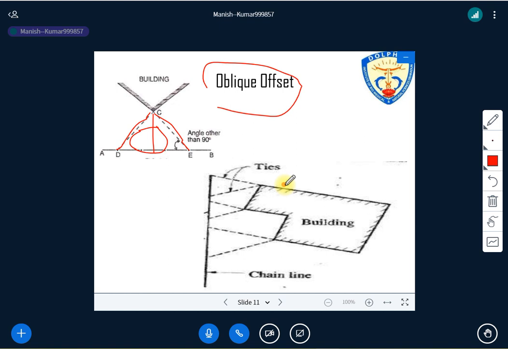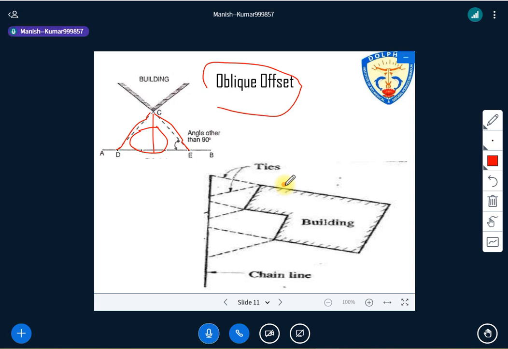So I understand both this perpendicular offset and oblique offset. Is there any question up to this point?